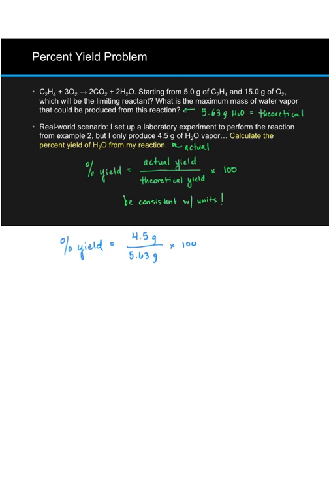When we divide 4.5 by 5.63 and multiply by 100, we get precisely 80 to two significant digits. I'll place a decimal point right after the 0 in 80 to keep two sig figs. Therefore, our percent yield for this reaction is 80%, which is actually quite good compared to many other chemical reactions.